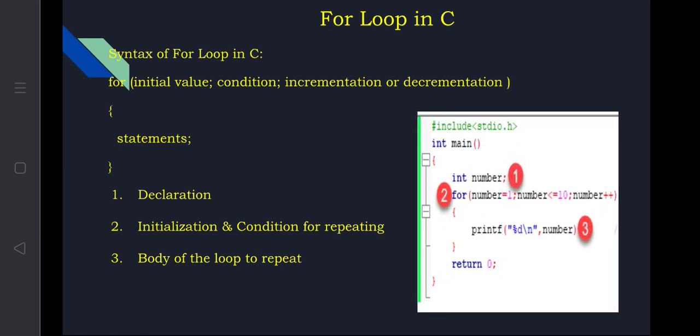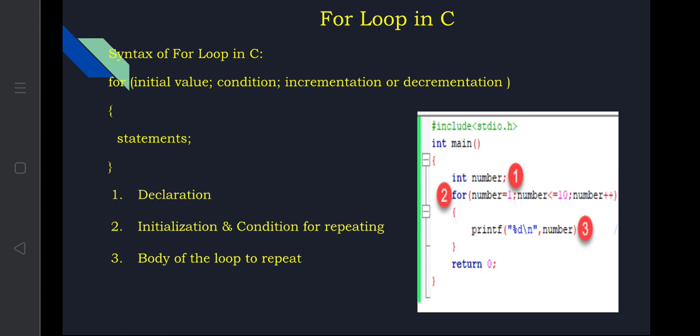So as usual, we start with stdio.h and int main. Now the focus points are 1, 2, 3 given in the block diagram. What is 1? 1 is the declaration of the integer variable number.